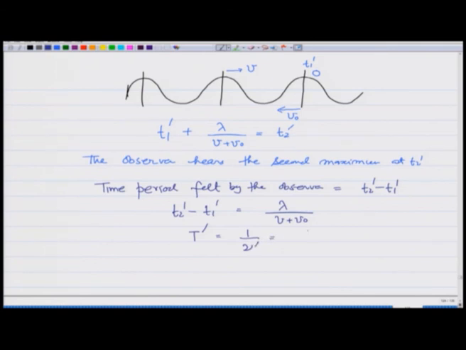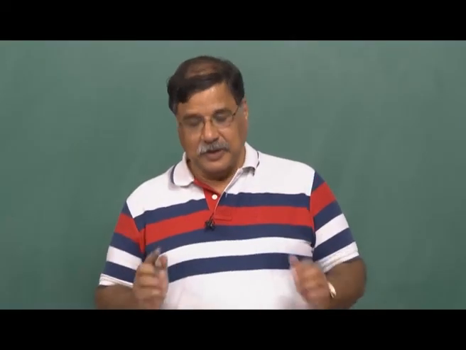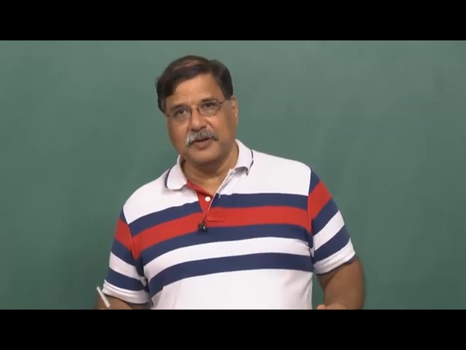Let me write this as v over nu times v plus v observer, and this immediately gives you that nu prime is equal to v plus v observer divided by v times nu, which is greater than nu. So, an observer moving towards the source also hears a higher frequency, because the maxima are coming at a faster rate.